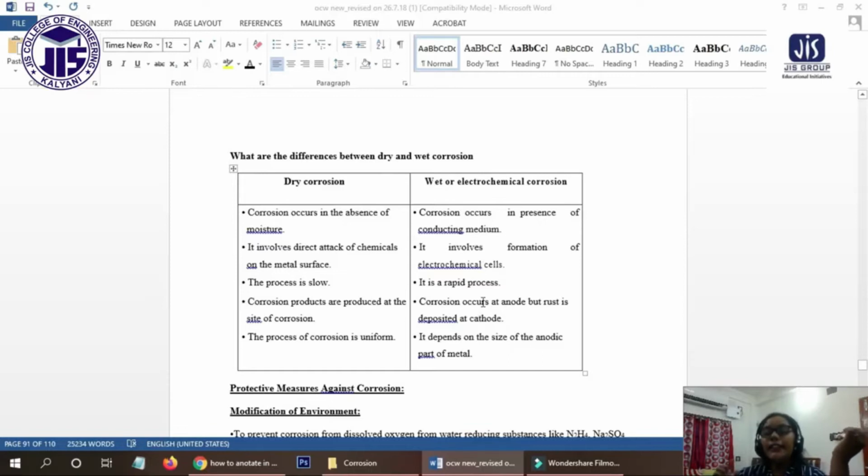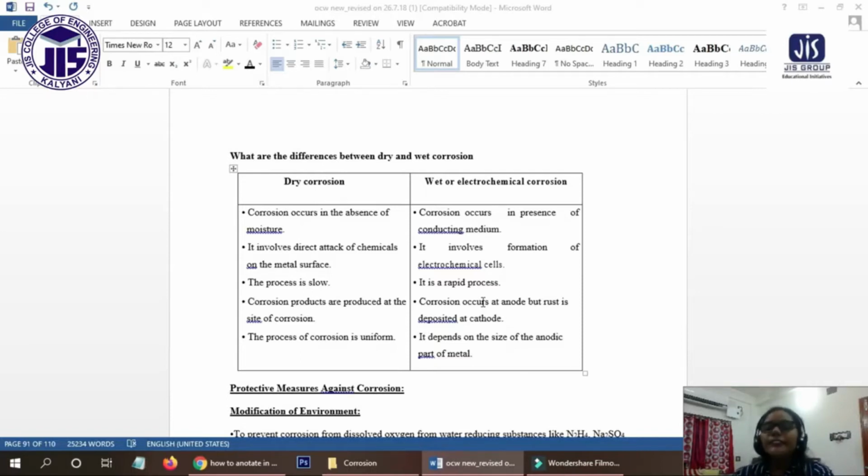That is why we are using the term electrochemical corrosion. Why are we using this term? While we are checking the reaction mechanism of wet corrosion, at that time we can see that one anodic condition is there, one cathodic condition is there, one electrolytic solution is there.